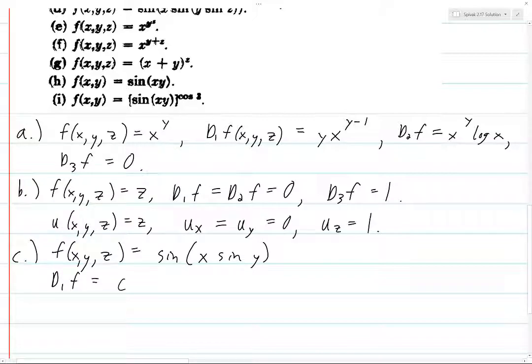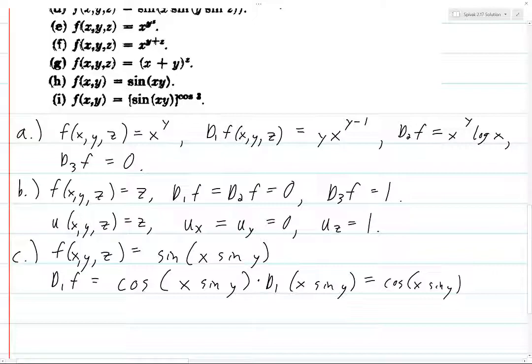The derivative of sine is cosine, so we take cosine and leave the x sine y on the inside. But then we have to multiply by the derivative with respect to x of all the stuff that was on the inside, x sine y. So this is going to give us cosine of x sine y.